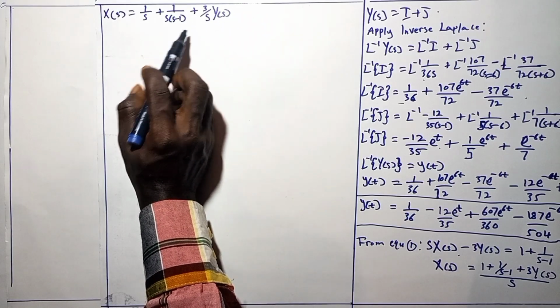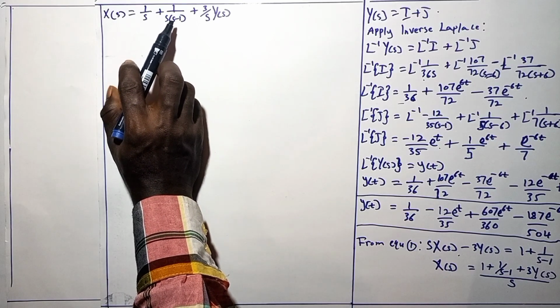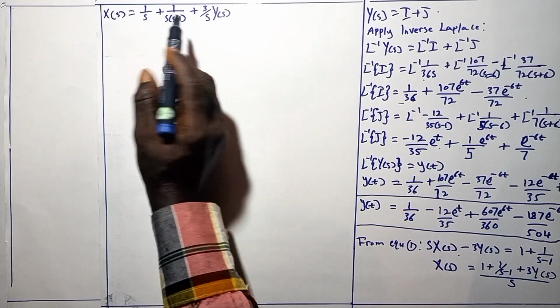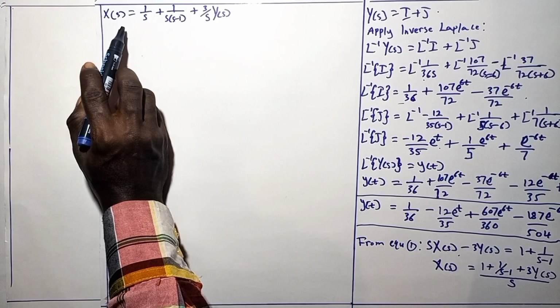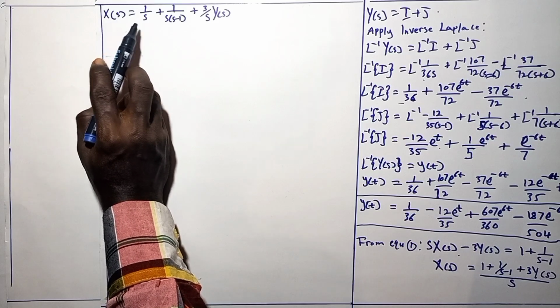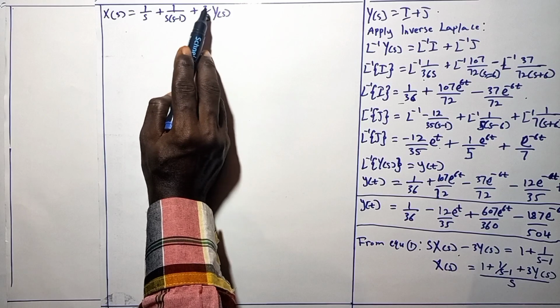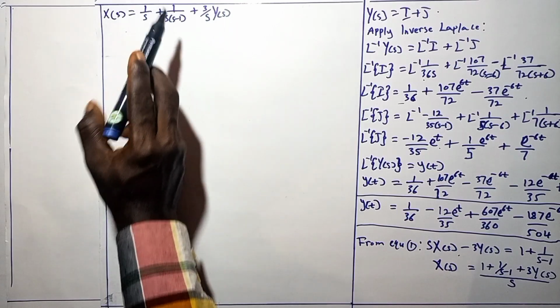So we need to use a similar approach we used during y of s. So now to do this, let's take the inverse Laplace. Then we'll come back to this y of s and simplify and manipulate our way. So we can take the inverse Laplace of this simple function.